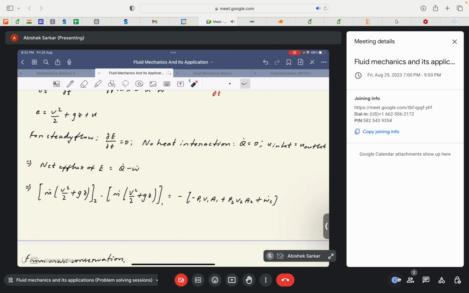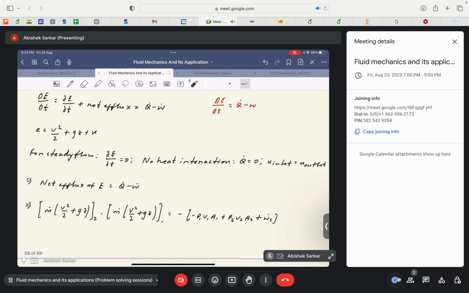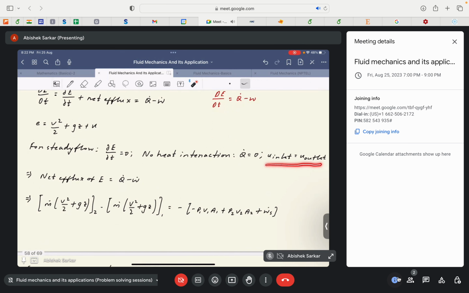Then, if the dimensions of our inlet and outlet are the same, we get that U inlet is equal to U outlet.